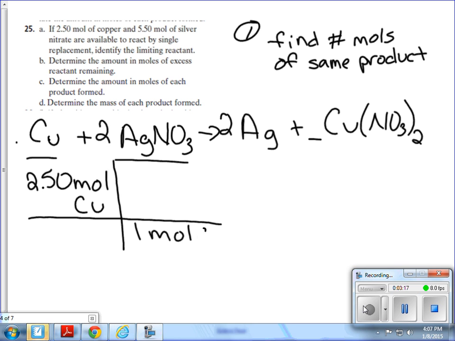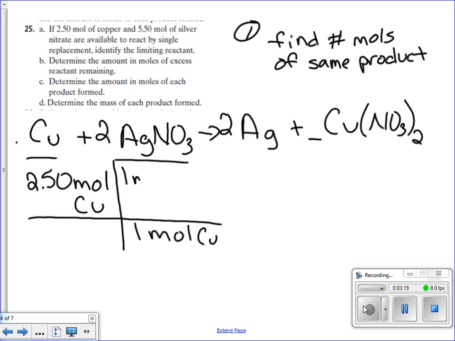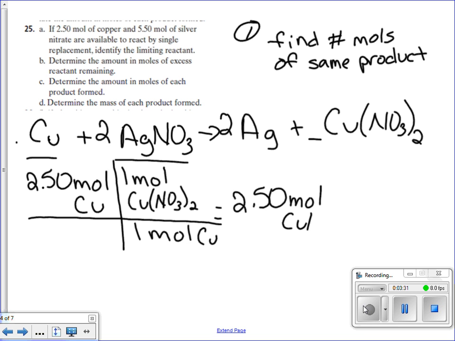So real easy. Right, so if I have 2.5 moles of copper, I can make 2.50 moles of copper nitrate.